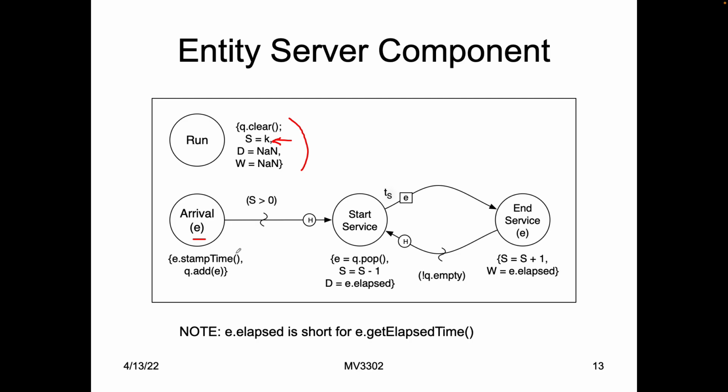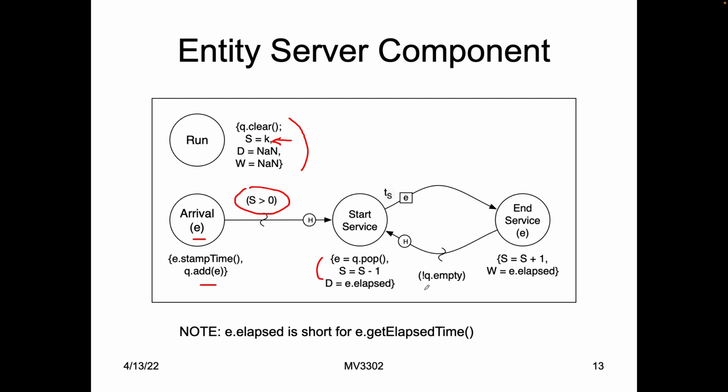Knowing that it's an entity, we're going to stamp its time, and that will cause the entity to remember when it arrived. Hopefully you can see that since we now remember when we arrived, we can get the elapsed time, which is the time between when they arrived and some other event that's of interest. Such as, so we add it to the queue. Just as before, if there's an available server, we're going to schedule a start service.